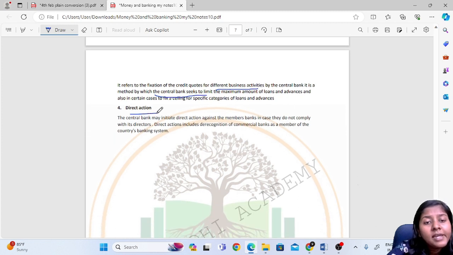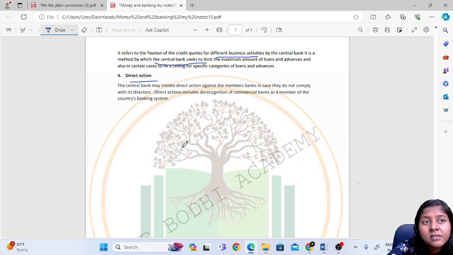Then direct action means that if any bank is not following the principles or the rules and regulations given by the central bank, then direct action may be taken against that particular bank, and it can be removed as a member of the country's banking system. So this is called direct action.